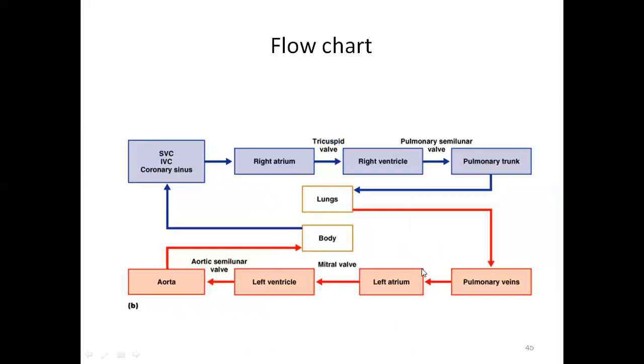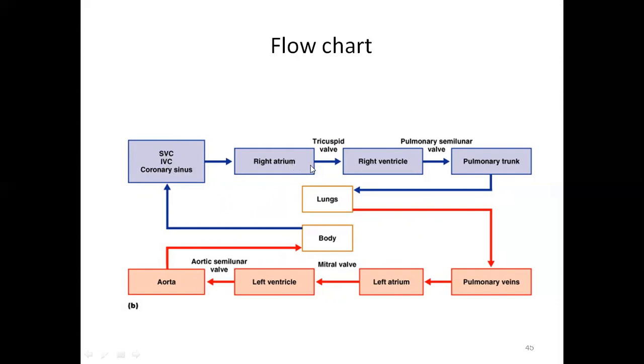Now this is the main flow chart of how the blood circulates. The blue lines show the deoxygenated or impure blood, whereas the red lines show the oxygenated blood. From the body, the blood reaches the superior vena cava, inferior vena cava, and coronary sinus. From here, it moves to the right atrium.